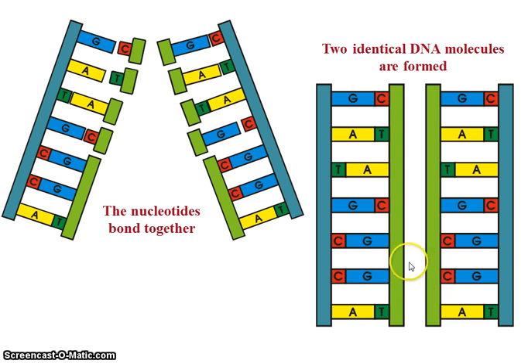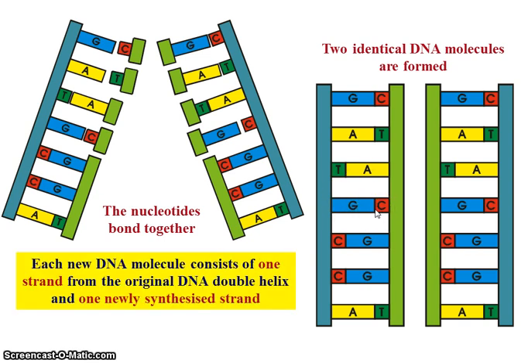And so we've now copied that genetic information, and that's all happened because of the fact that these bases are able to bond together in very specific pairs. So each DNA molecule consists of 1 original strand and then 1 strand that has been formed from nucleotides but is an exact copy of the second strand that used to exist on the original DNA molecule.